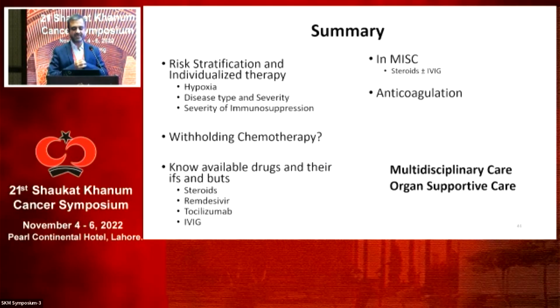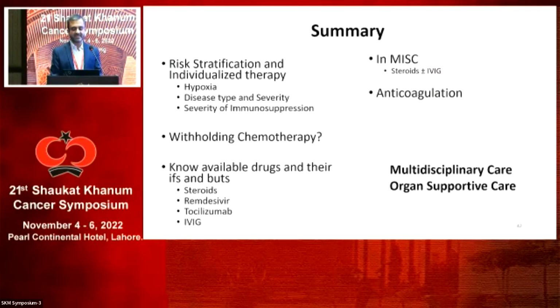So in summary, risk stratification and individualized therapy is important, and the therapy is decided based on the presence or absence of hypoxia, immune suppression, as well as the disease type and severity. A decision has to be made regarding withholding or continuing the chemotherapy, and the available drugs are steroids, IVIG, remdesivir, and tocilizumab.